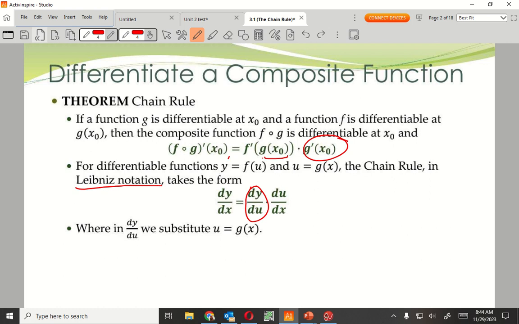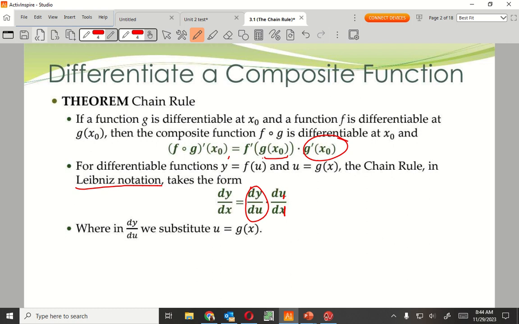I u subbed here and took the derivative in terms of u. Then what I replaced, I took the derivative of that in terms of x. Then I just multiplied the two together. That's what the Leibniz notation is, that whole process. You're going to have to be able to read each one.